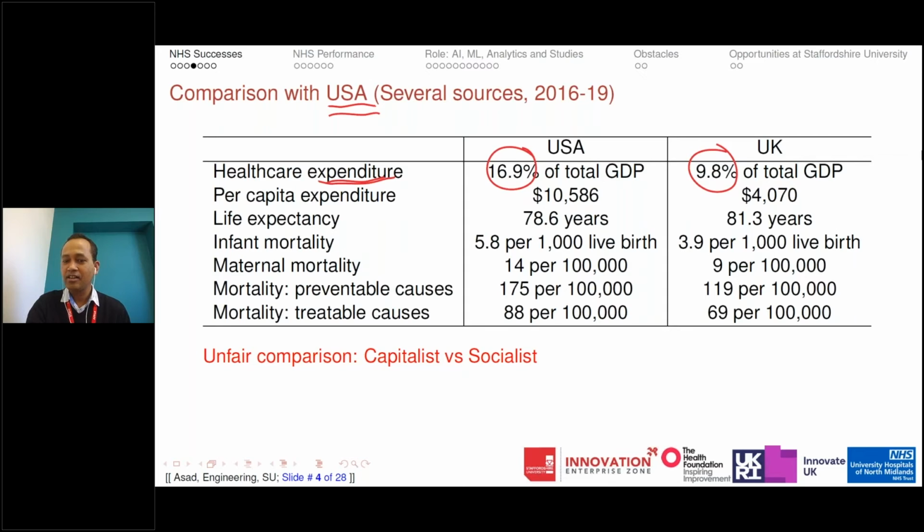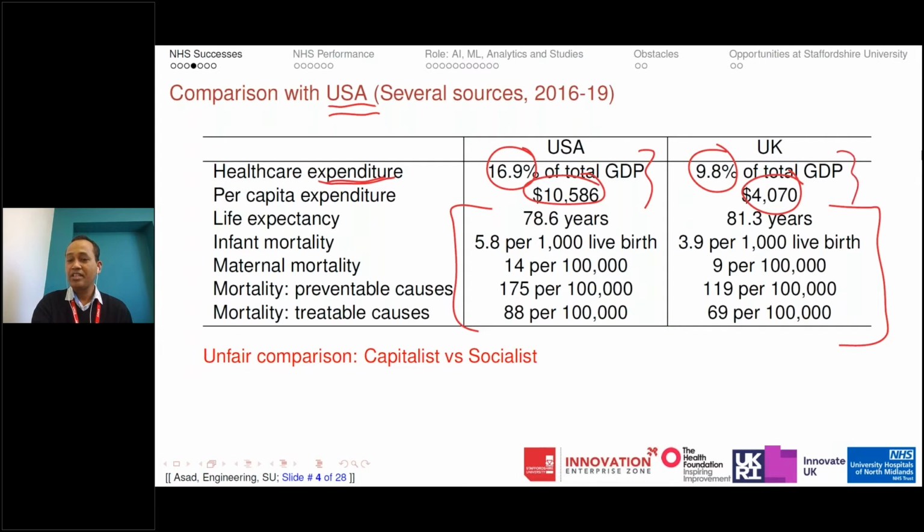Per capita expenditure, over $10,000 in USA, whereas in the UK we have 4,000. Now, if you look at some indicators, you will see some interesting results up there.